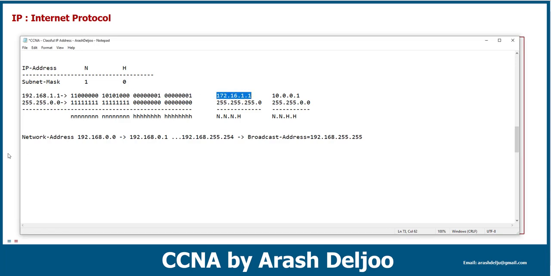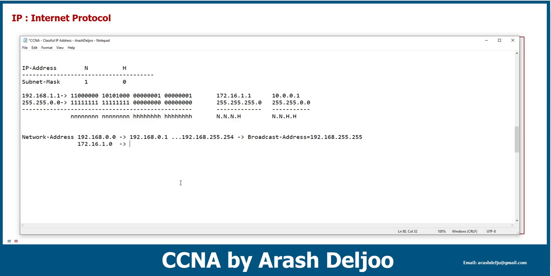For the second example, 172.16.1.1. For this IP address, if you want to find the network address, you need to use 0 in all of the host bits. Because of that, let me write it here. For the second example, the network address is 172.16.1.0.